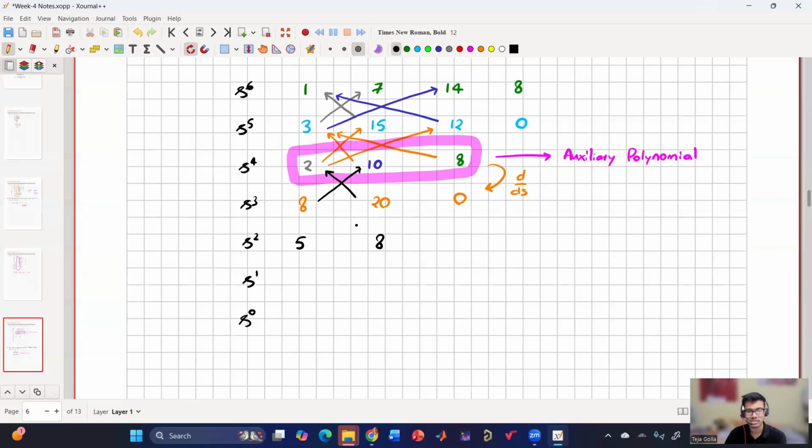Got it? 8 into 8 minus 0 into 2 by 8. If you calculate, you will also get a similar one. And then the last term is 0. So now to calculate s to the power 1, I'll do 5 into 20 minus 8 into 8 by 5. So how much is the value?